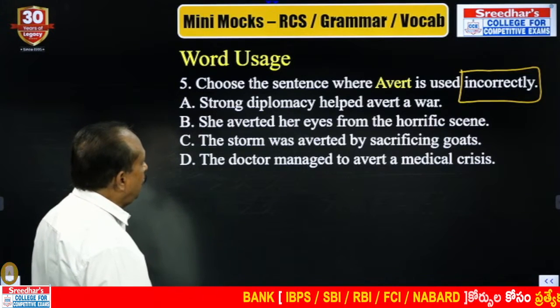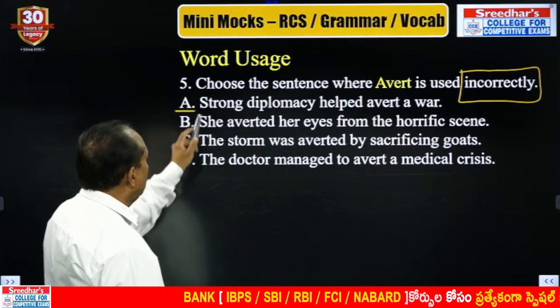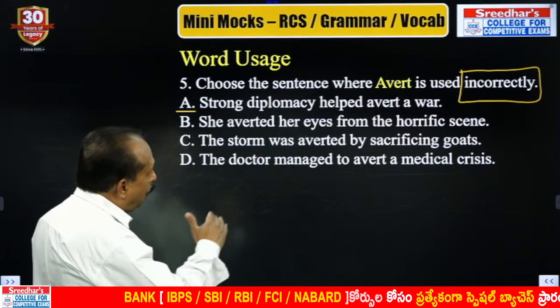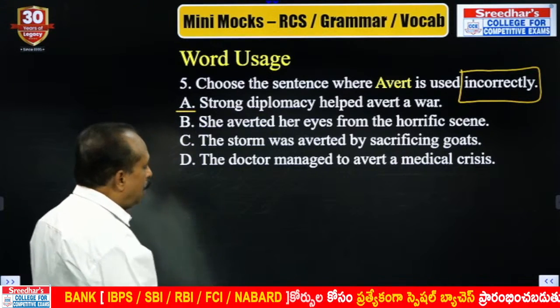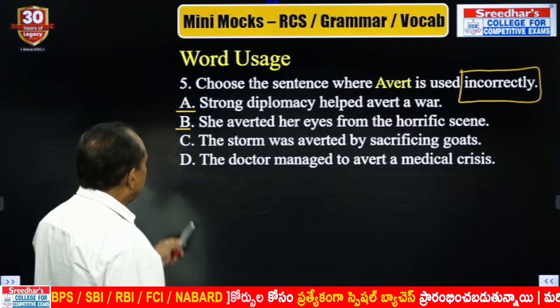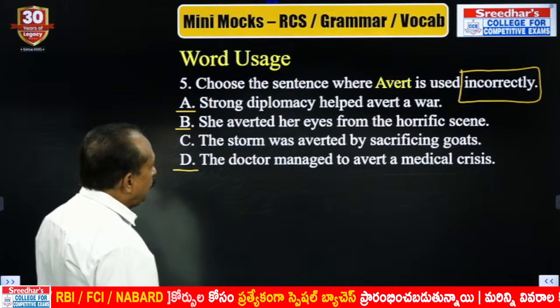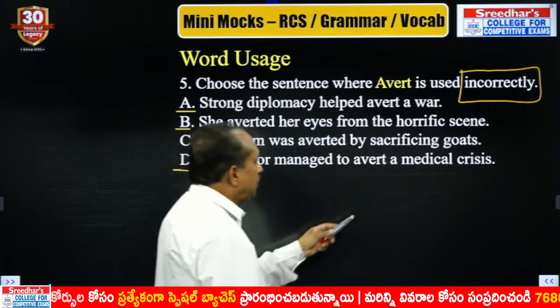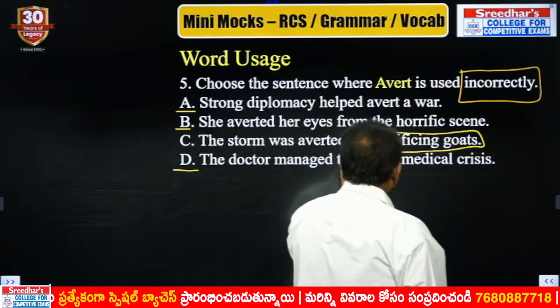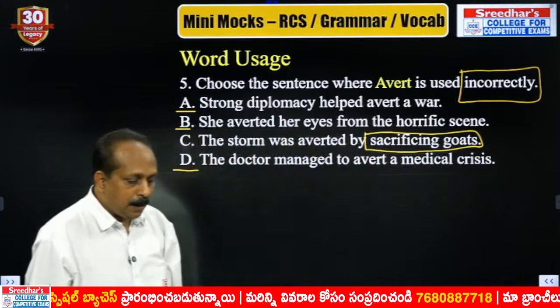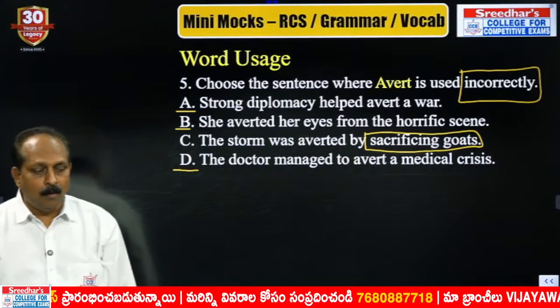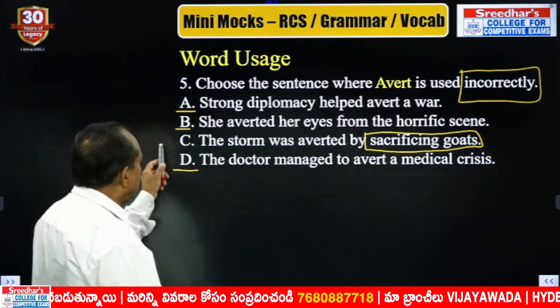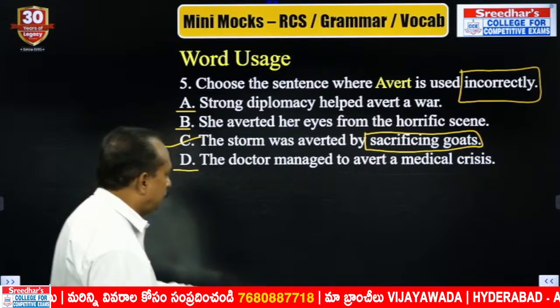Strong diplomacy helped avert a war. Nothing wrong. She averted her eyes from the horrific scene, means she turned her vision or view. Nothing wrong. The doctor managed to avert a medical crisis. Nothing wrong. The storm was averted by sacrificing goats. That is ridiculous. By sacrificing goats, you cannot avert a storm. Based on that, the answer is incorrectly used, C.